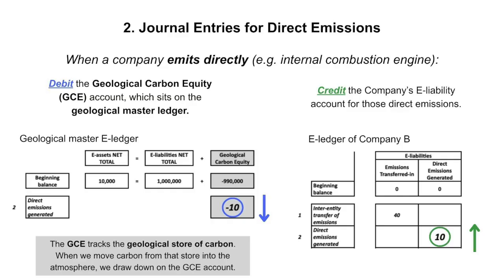Basically, when you take carbon out of these long storage sources and put it into the atmosphere, you are effectively drawing down on that geological carbon equity store. So when you've credited the e-liability of the entity that has emitted that, you are debiting the Geological Carbon Equity Account, which represents, in some sense, the Earth's store of carbon. And that is the second entry.